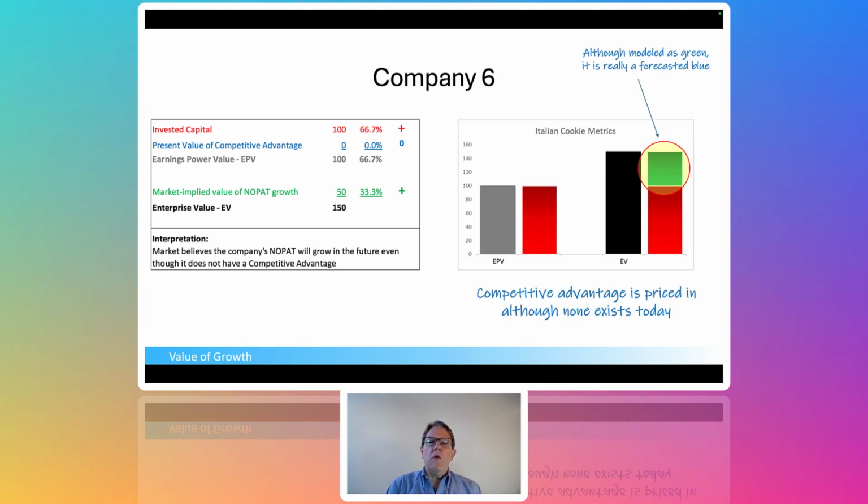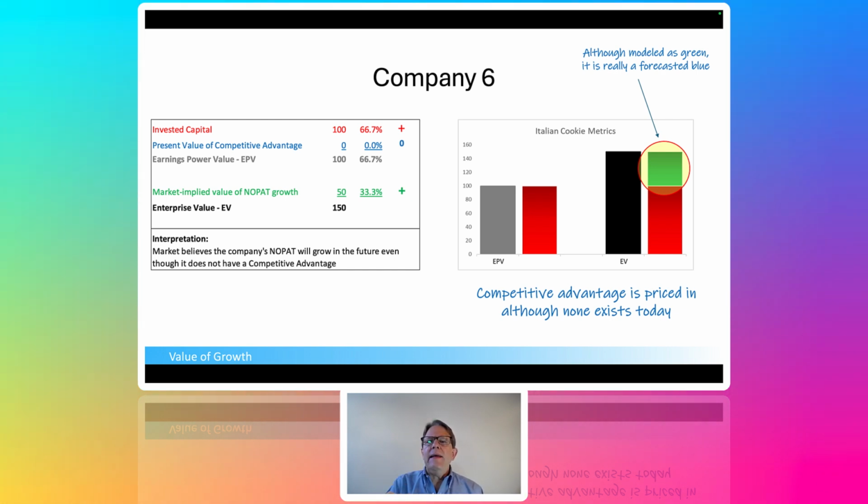This is interesting. So earnings power value. This is a case where there's no current excess returns. There's no present value of competitive advantage. There's no blue. All right, so earnings power value trades at its invested capital, no excess return, but the enterprise value has green. Remember, green is investors' expectations for NOPAT growth.